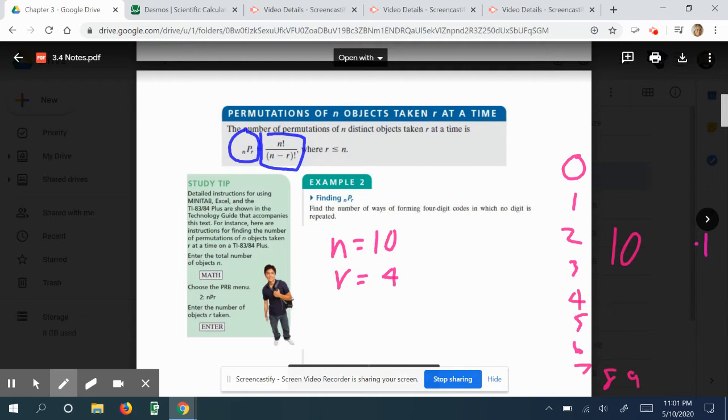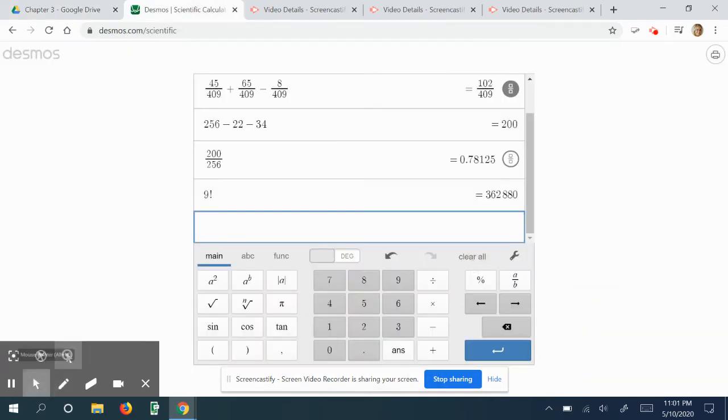And so we're going to set up our equation. It's going to be 10 P 4, which would be 10 factorial over 10 minus 4 factorial, which would equal, or if we go to our calculator, we can actually do it.